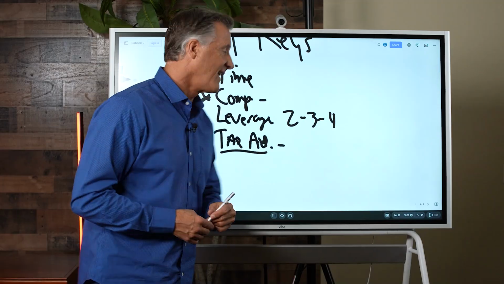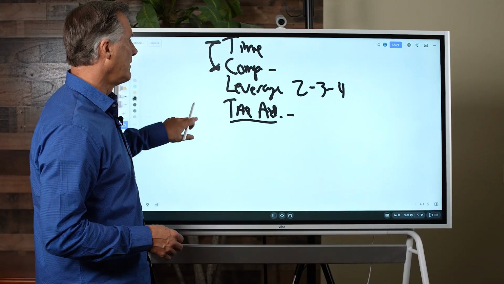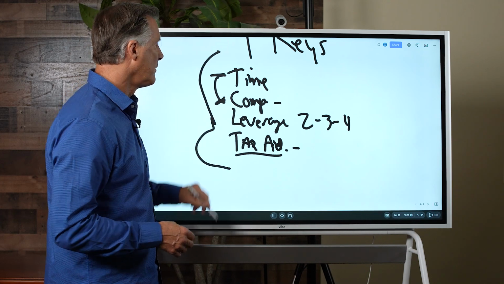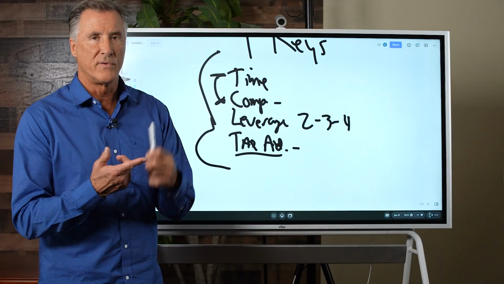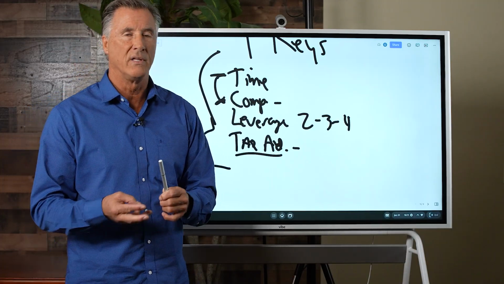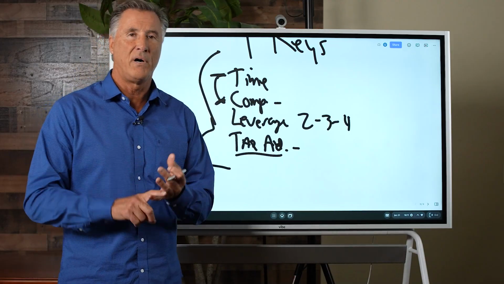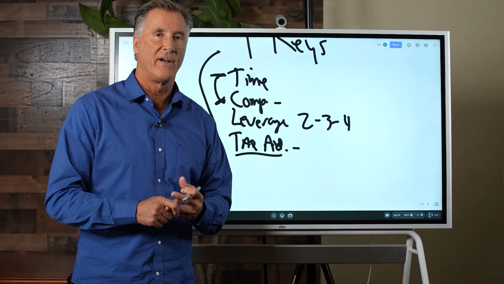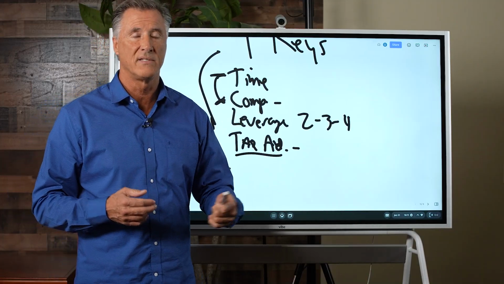We don't want to get into any kind of trouble. These are real simple ways to really grow your wealth and get where you want to be financially, whether it's retirement, just being able to do what you want, live how you want, being financially free.